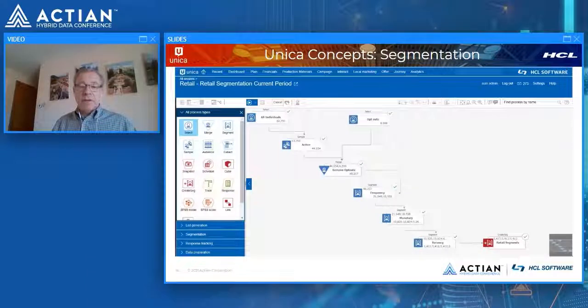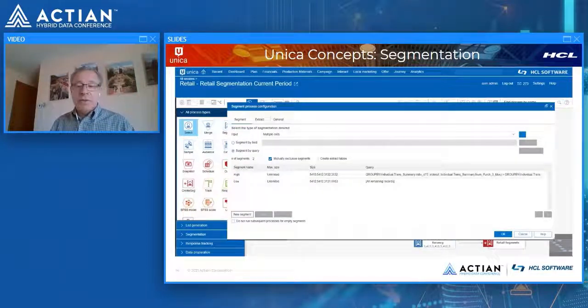As I mentioned, when Unica builds membership of the segmentation, it does it in a multi-step process so that marketing users can see how the waterfall flows from one selection to another and how each subsequent condition affects the overall count of the target audience.